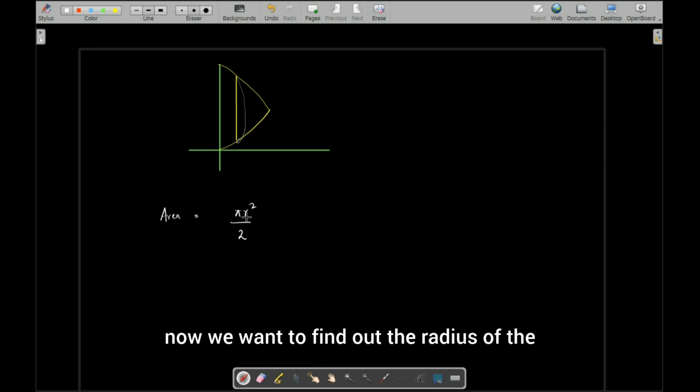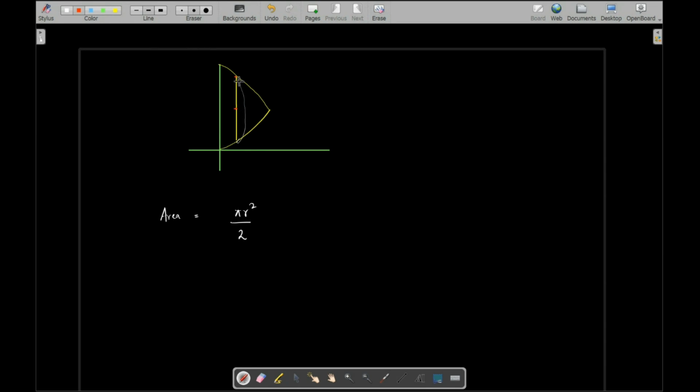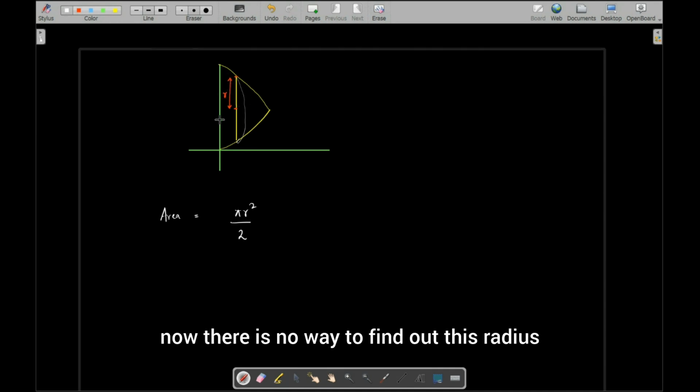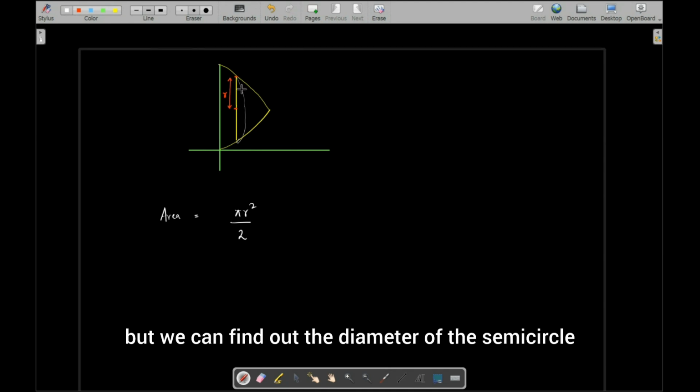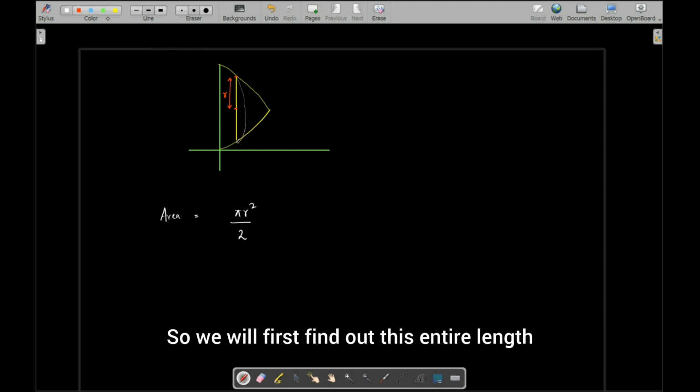Now we want to find the radius of the semicircle. The radius will be from this point exactly in the middle. This will be the radius. Now, there is no way to find this radius directly, but we can find the diameter of the semicircle. So we will first find this entire length.